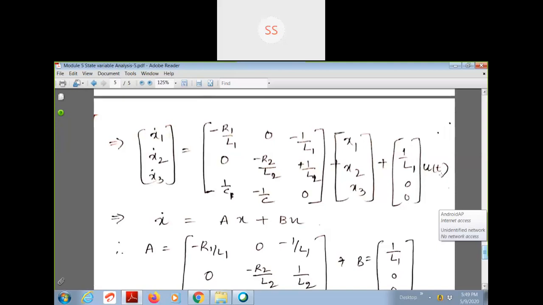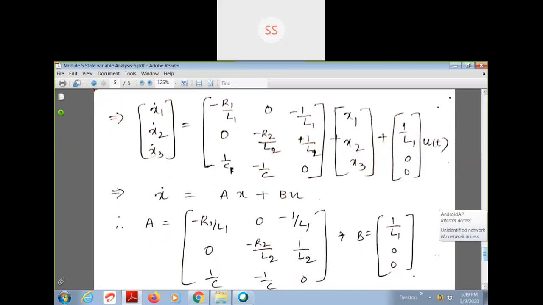Now compare this with the standard equation: x dot equal to A into x plus B into u. So A is this matrix, x is the state variables vector, B is this 3 cross 1 matrix of coefficients, and u is u of t.